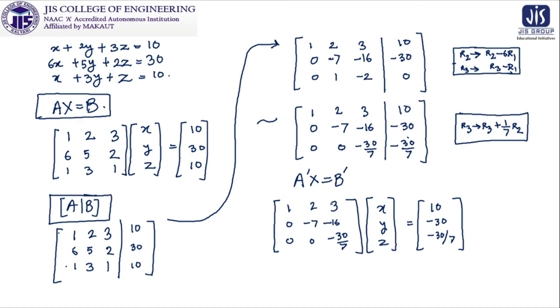Just by multiplying this as 1 into x plus 2 into y plus 3 into z is equal to 10, my new equations become: x plus 2y plus 3z is equal to 10, and in the next, 0 into x, then minus 7y minus 16z is equal to minus 30, and finally minus 30 by 7 z is equal to minus 30 by 7.